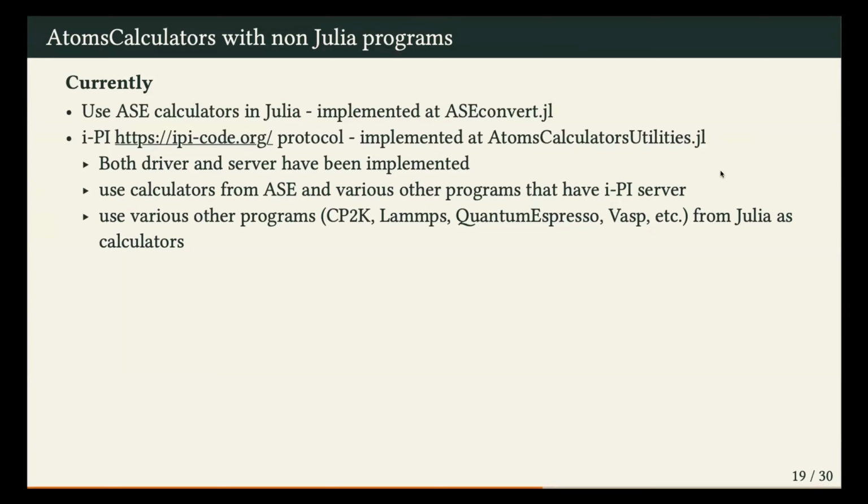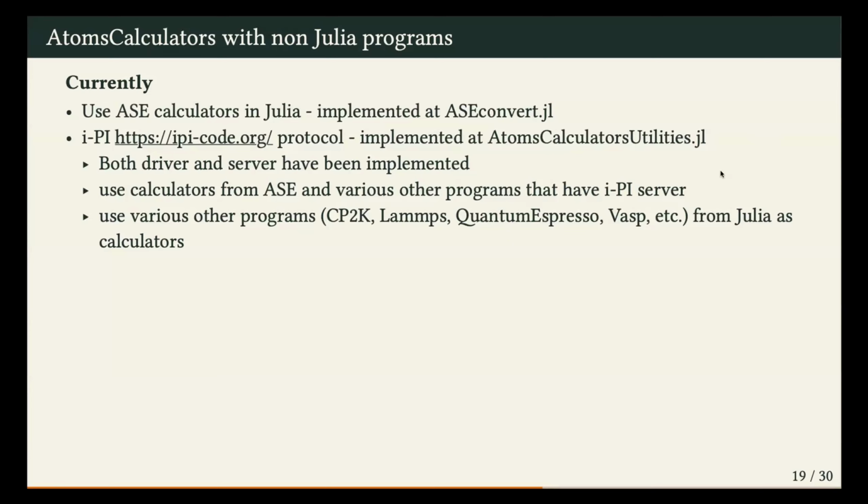It works basically that you set up a server and then you connect your calculator to the server, and then the server can do calculations based on the connection. That allows you to connect to various programs. So you can use CP2K if you want. You can use LAMMPS, Quantum Espresso, VASP. In practice, almost everything.